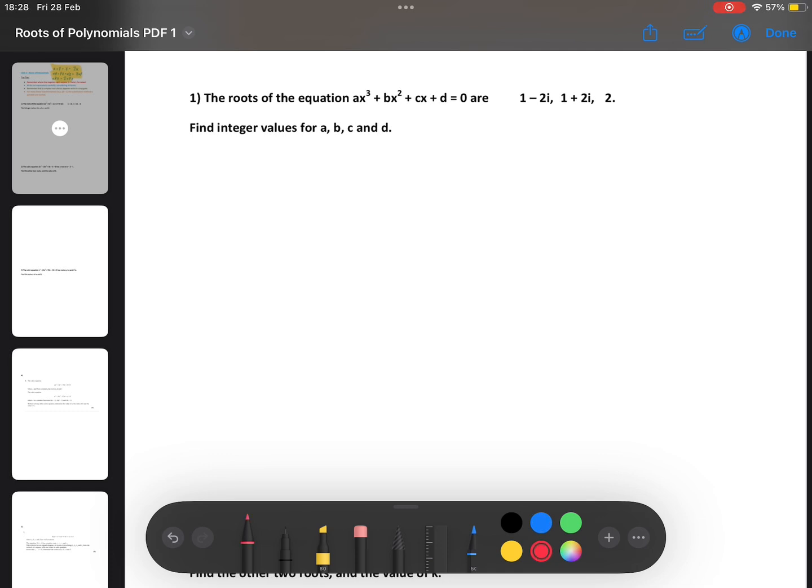So the minus sum of the alphas is going to be b divided by a, and the sum of the alpha betas is going to be c divided by a, and the sum of the alpha beta gammas, or just alpha times beta times gamma, is d over a, minus the sum of the alpha beta gammas.